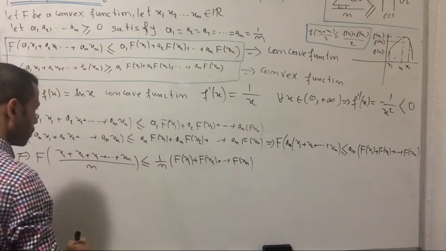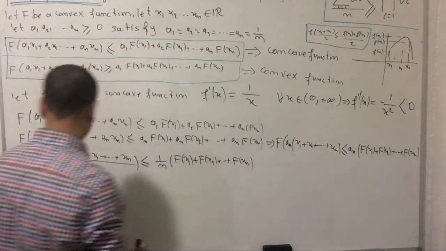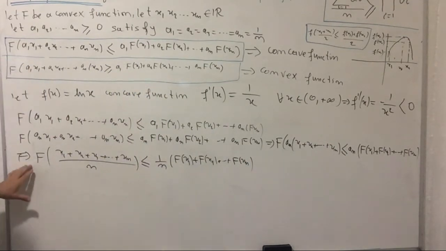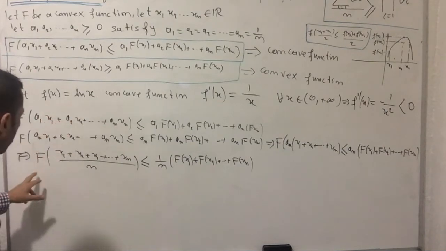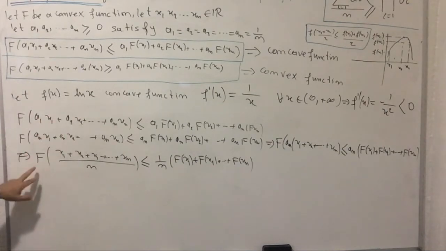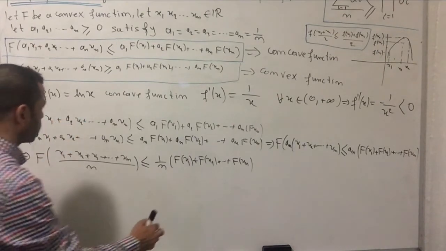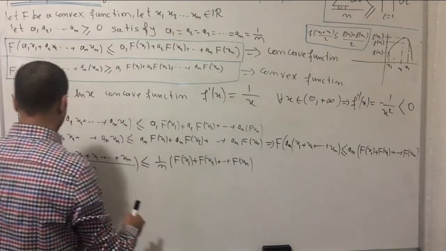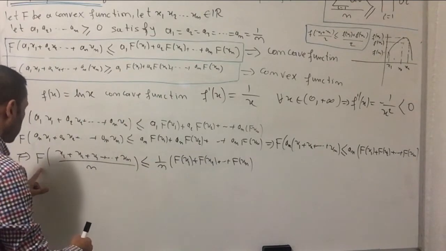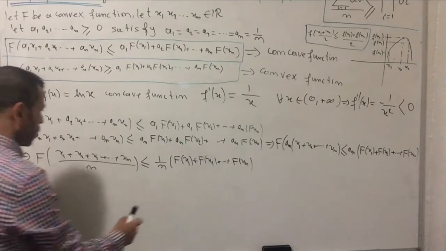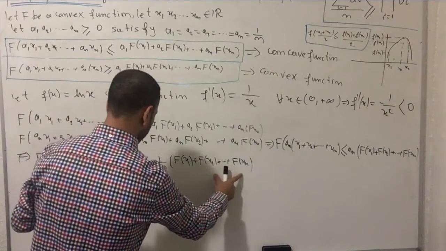Now we have this one. What I'm going to do is apply natural log of x. I'm going to put this function f as natural log of x, applied on both sides.